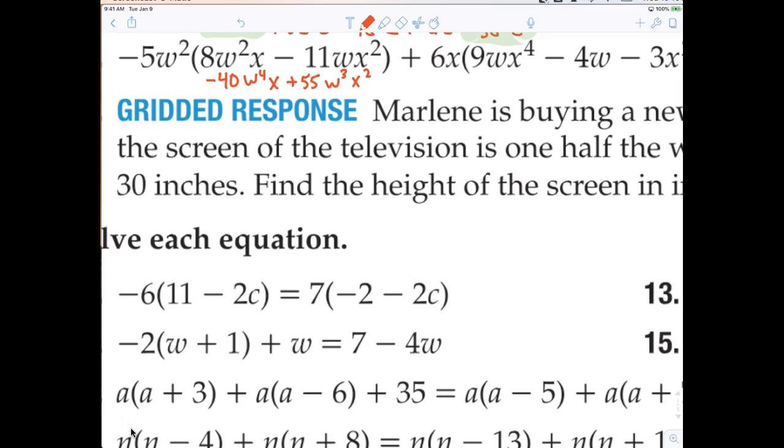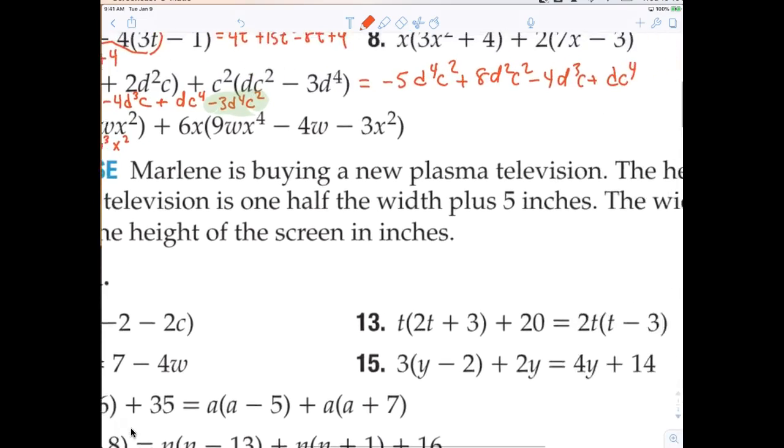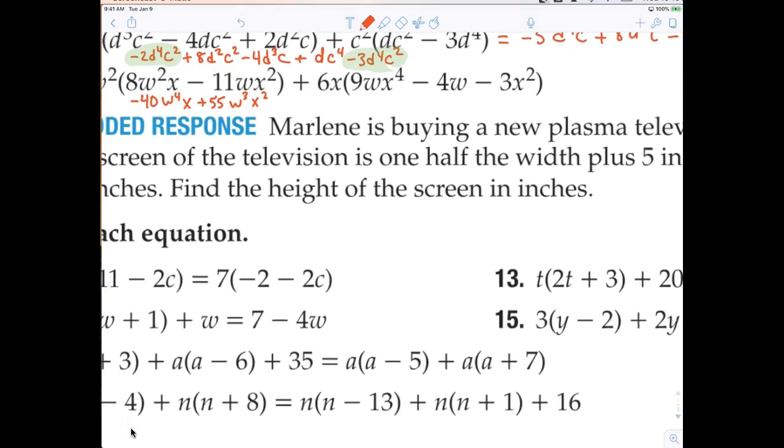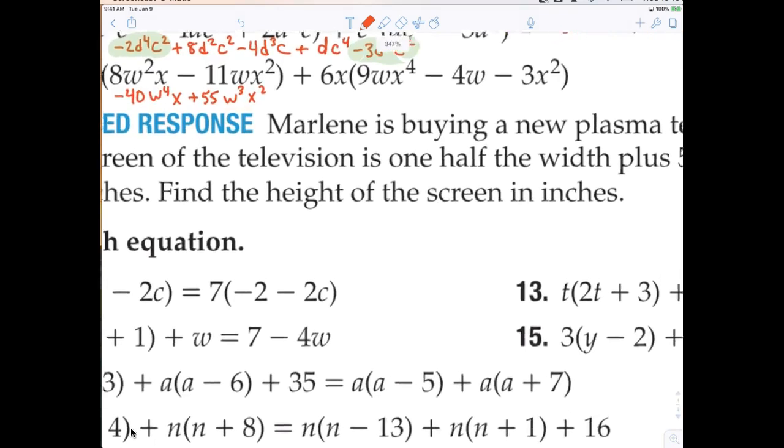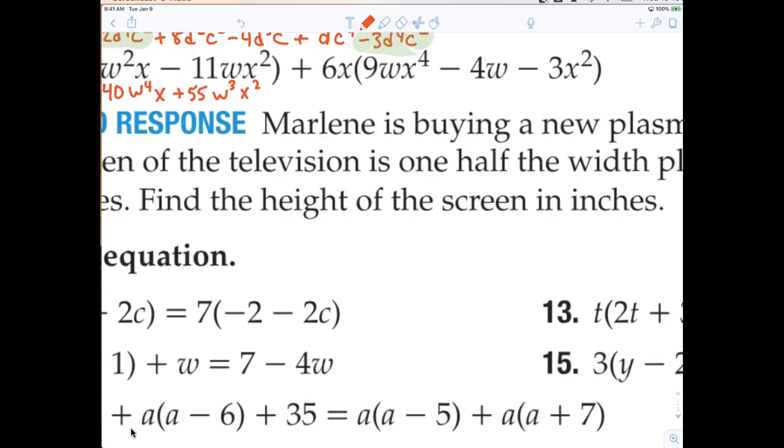Good job. 54, positive or negative? Positive. 54wx to the fifth. Good. Minus 4w, minus 6x, 6 times 4.